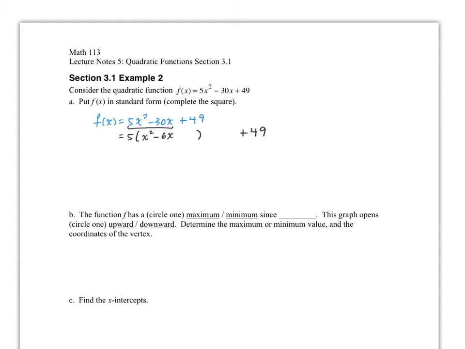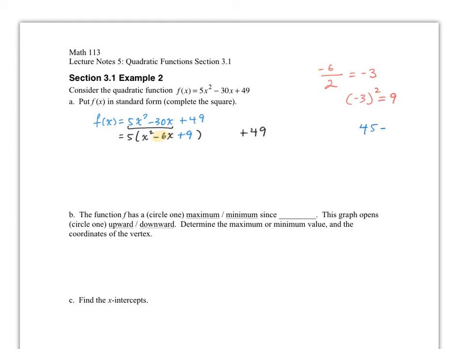So that's always the trick. Then again, in here, we have a minus 6. So whatever the value was, which is -6, remember you divide by 2, that gives you -3. Whatever you get, you square, that gives you 9. So you add 9 in here, but you're not really adding 9 because 5 times 9 is 45.